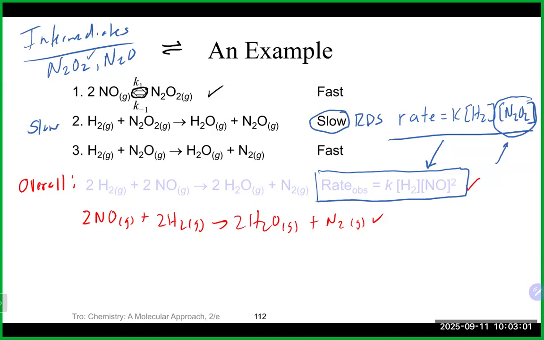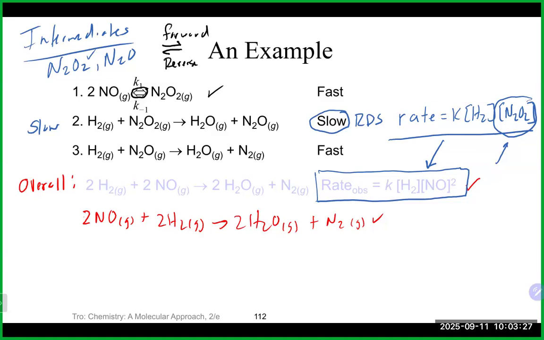So in this first step, we could actually write not one, but two rate laws for that first step. One for what is referred to as the forward direction, going from reactants to products. And because it's a reversible reaction, some of those products will head back the other way and make reactants. We could write a rate law for the reverse reaction, which would be going from products back to reactants.